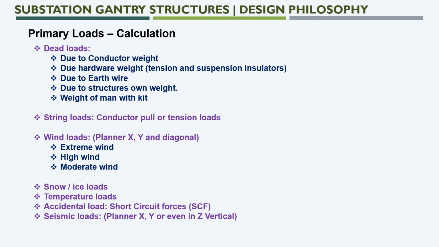In that case, the load combination is done based upon the extreme wind with no ice case, high wind with moderate ice or snow case, and moderate wind with extreme ice case. Based upon the load combination, wind loads are categorized as extreme wind, high wind and moderate wind.